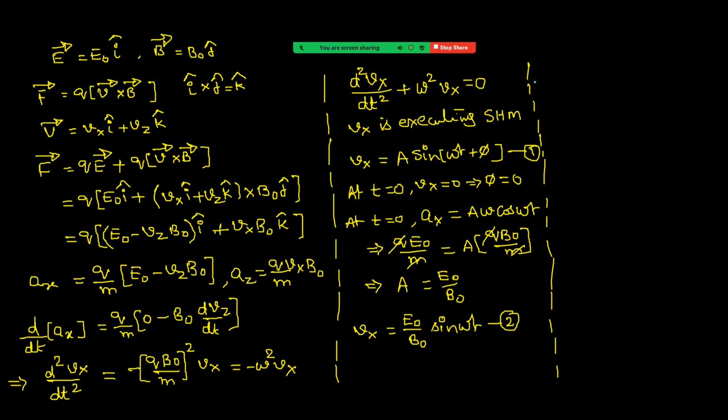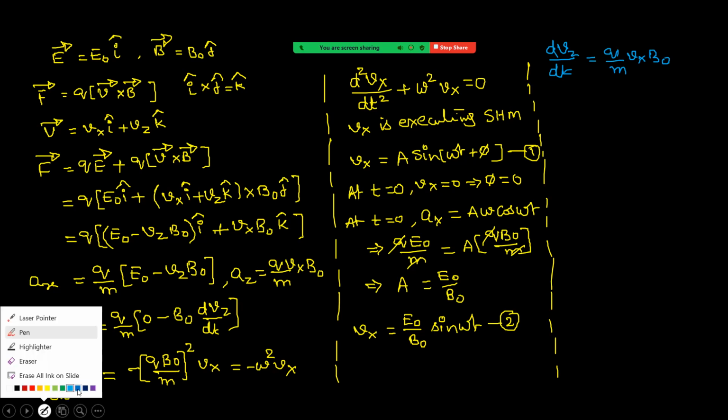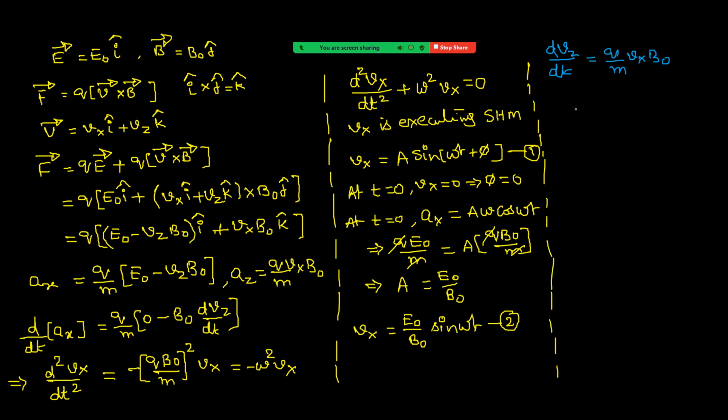So I am writing here dVz/dt = (q/m) Vx B0, right?